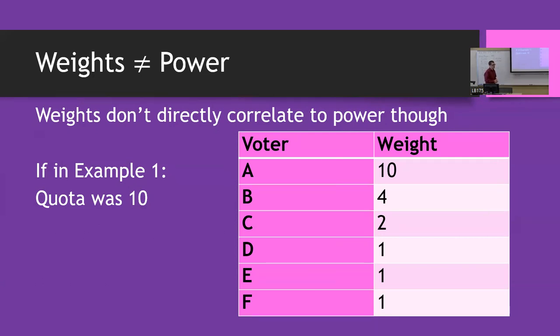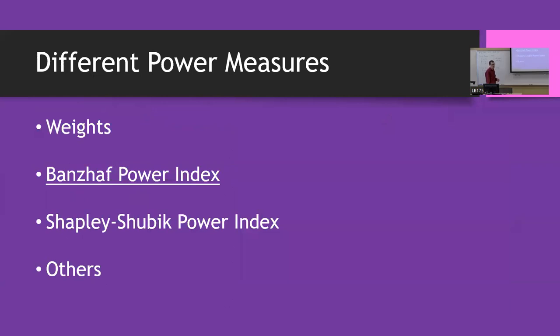C has no power. C's a dummy voter, right? So weights don't make a good power measurement. Weights don't represent how much effect of change you have on the system. So while you can use weights as a substitute for power, it's not a very good way to do that.